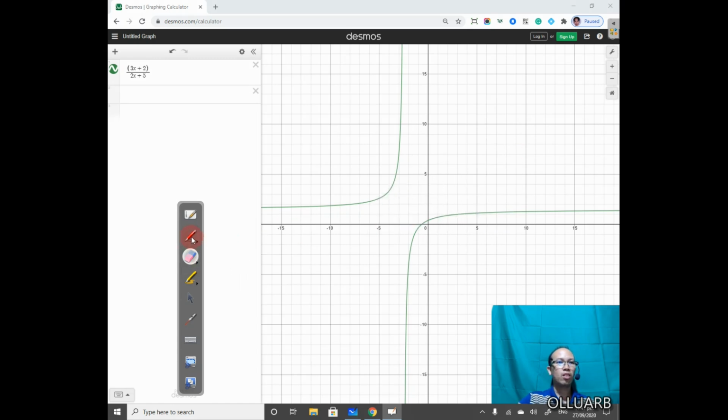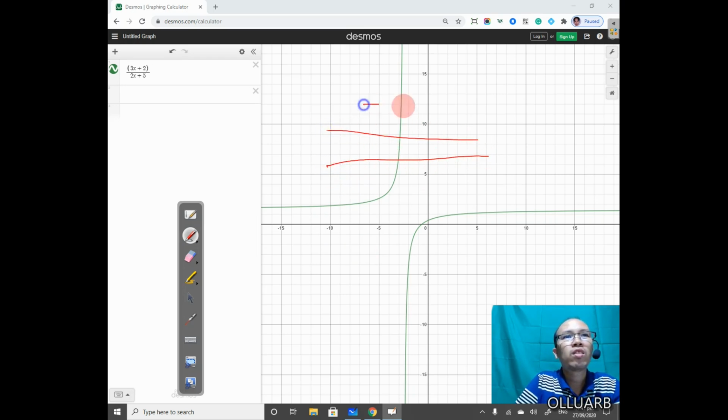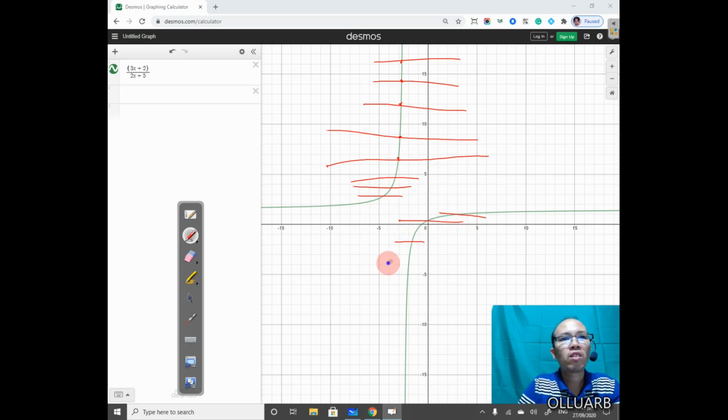Imagine this is a horizontal line. It touches the graph at most once. So this is indeed a one-to-one function, unlike before with the quadratic equation.